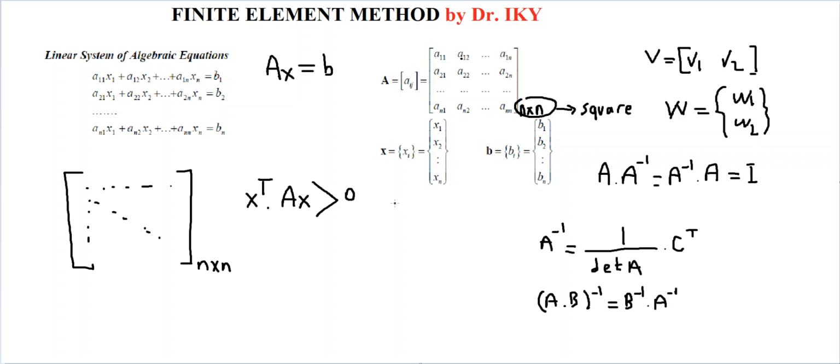So positive definite matrices are non-singular, because we said that a square matrix is singular if the determinant of A is equal to 0. Here it is bigger than 0, so it is positive definite, and non-singular.